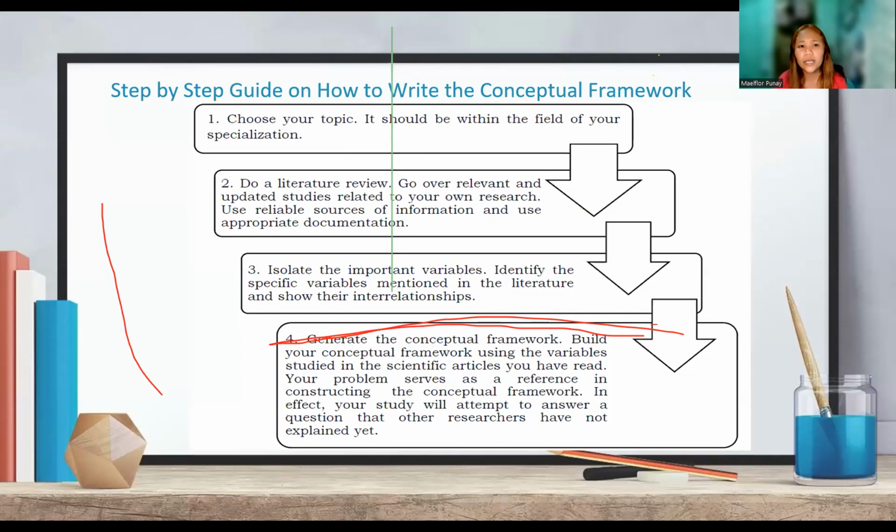Go over relevant and updated studies related to your own research and use reliable sources of information and use appropriate documentation. So after you have done your RRL, now you need to isolate the important variables. So you need to identify the specific variables mentioned in the literature and show their interrelationships.